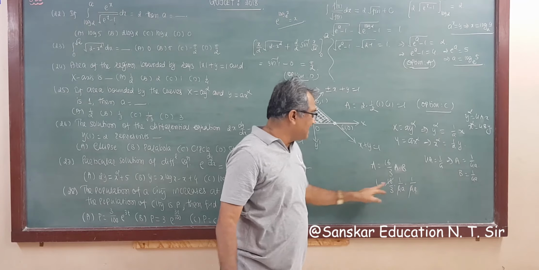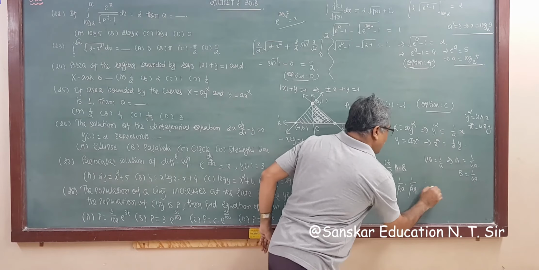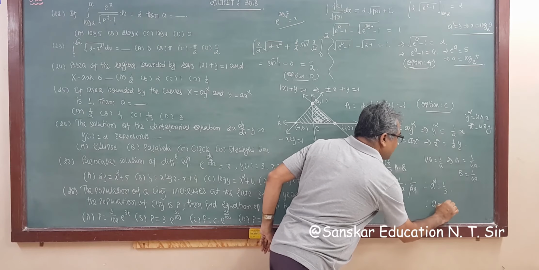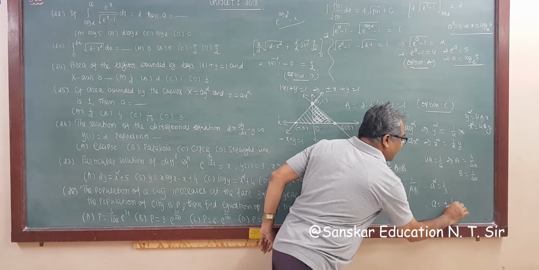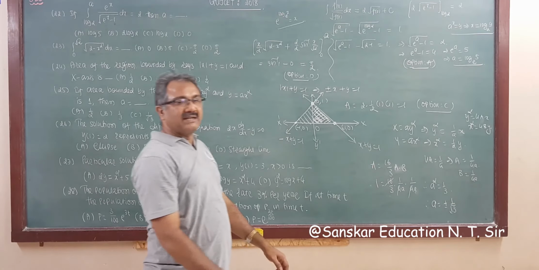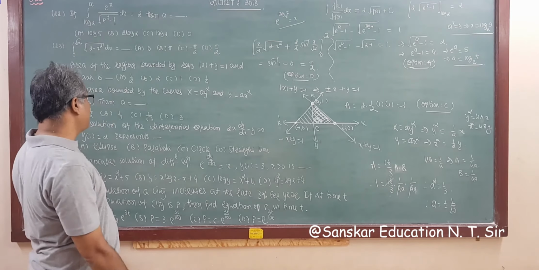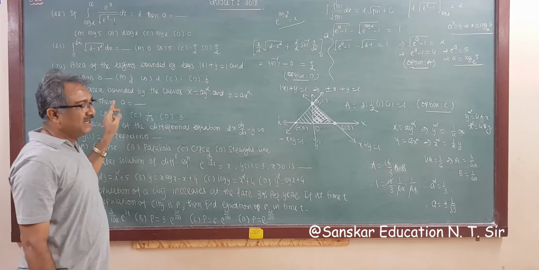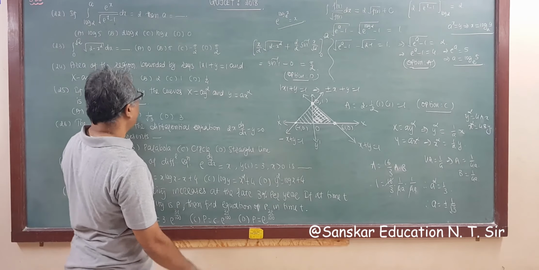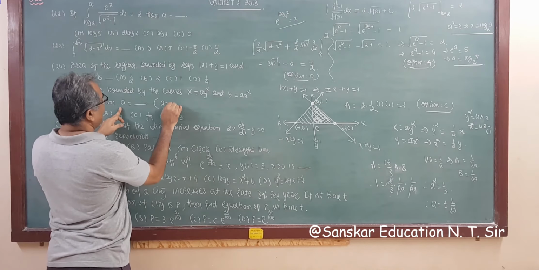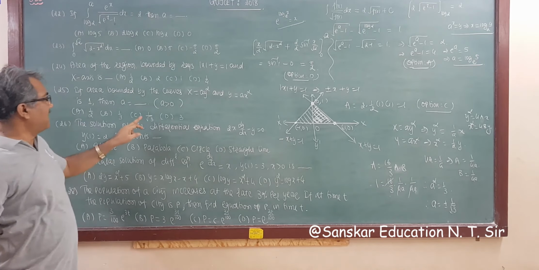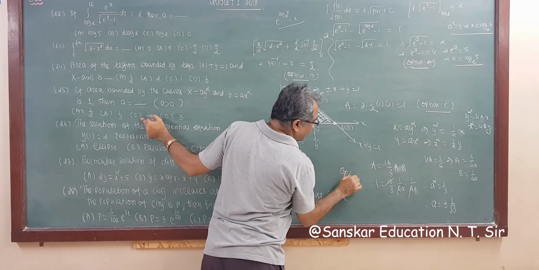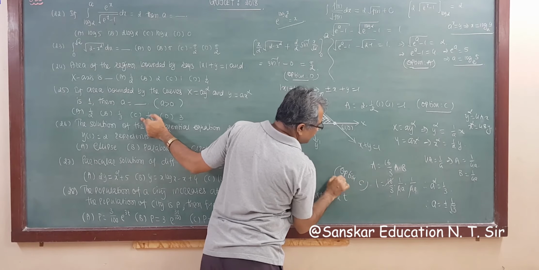That is a square is equal to 1 upon 3, so a is equal to plus or minus 1 upon root 3. But the area is always positive, and here we need the condition a greater than 0. So the answer is option C.